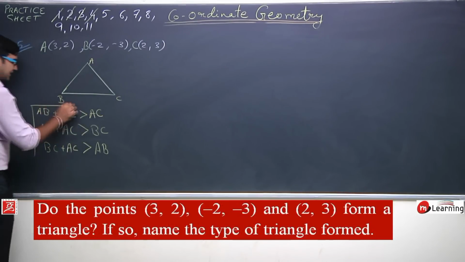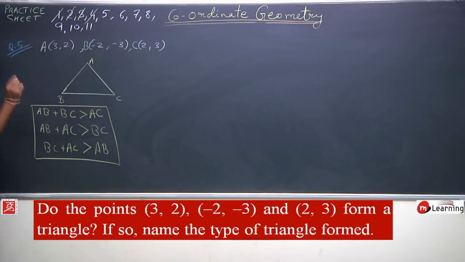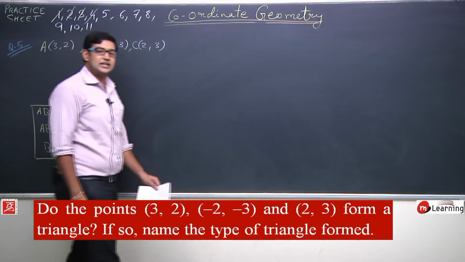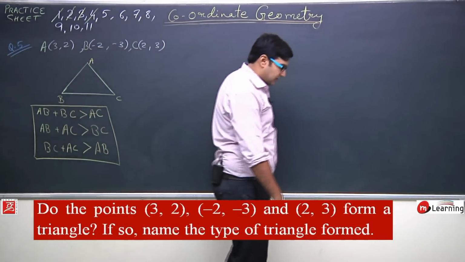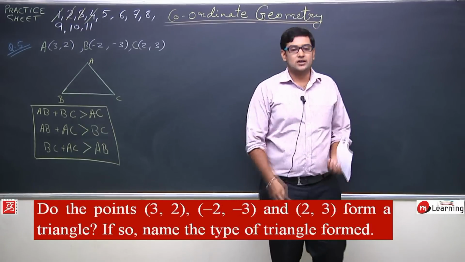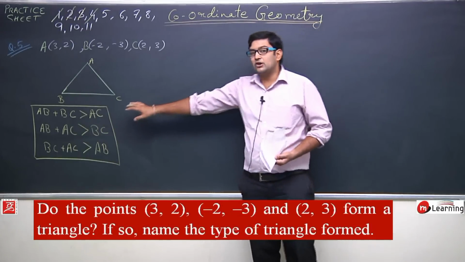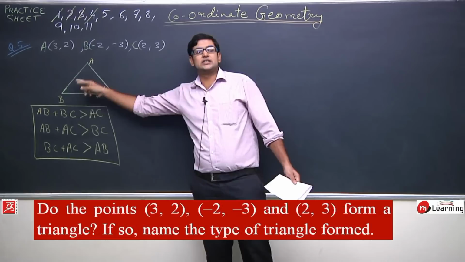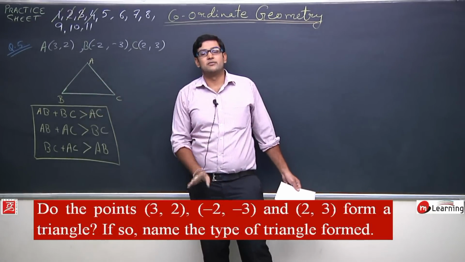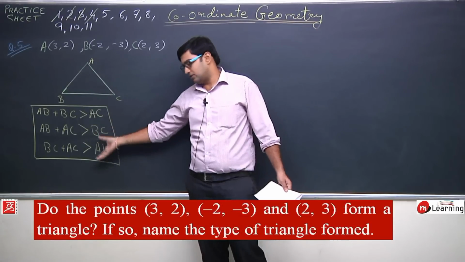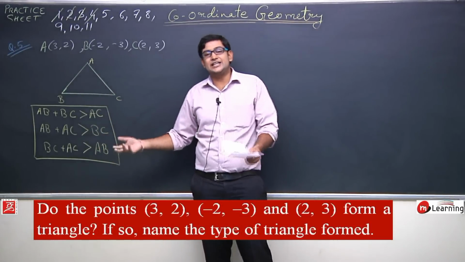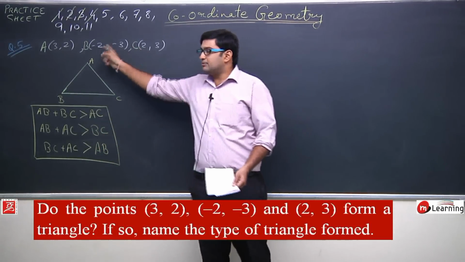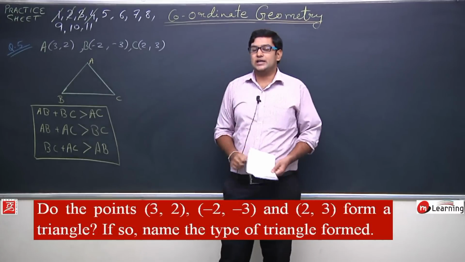This is the necessary and sufficient condition for a figure to become a triangle. If this condition is not followed, then we will say that these 3 points are not forming a triangle. If these conditions are followed, then I will definitely say that yes, these 3 points form a triangle.